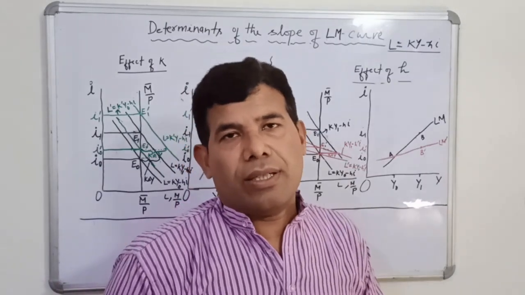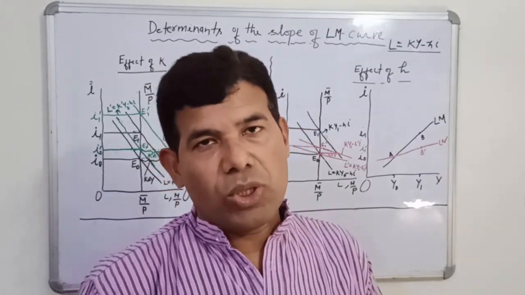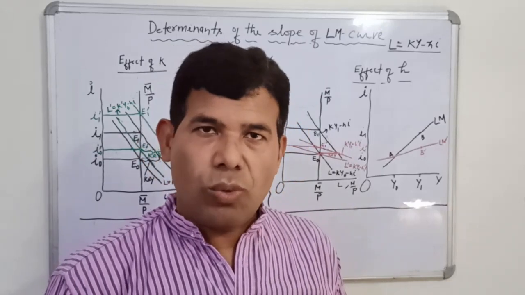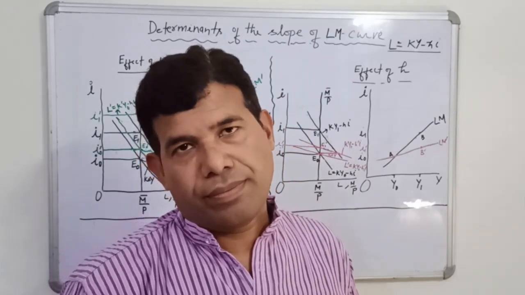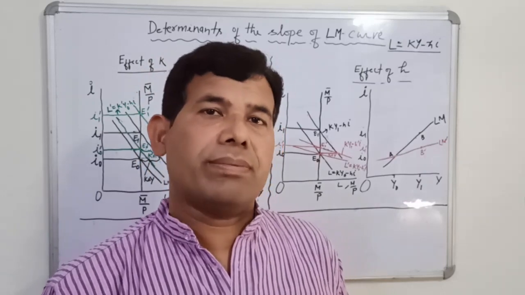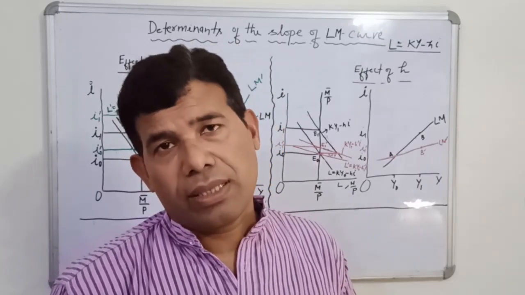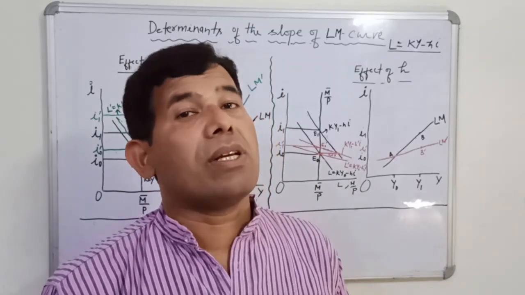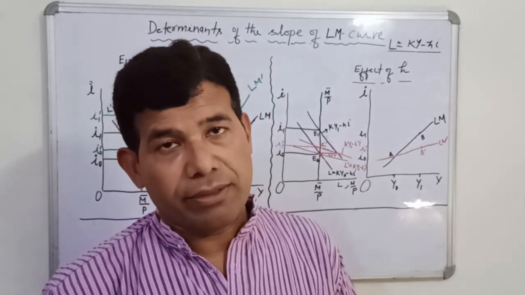Hello friends, today I am going to discuss in this lecture the slope of the LM curve. The slope of the LM curve is very important to understand to what extent fiscal policy would be effective.